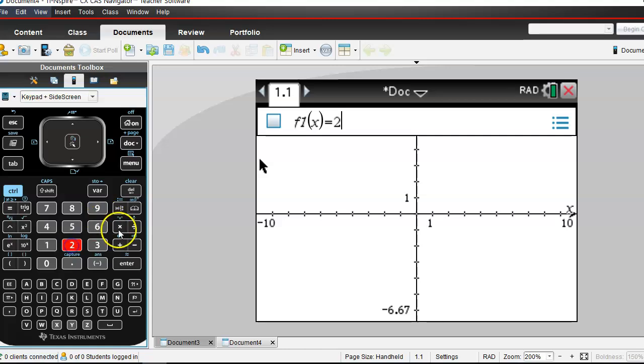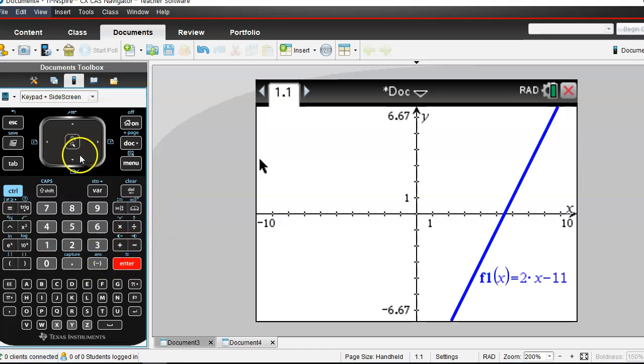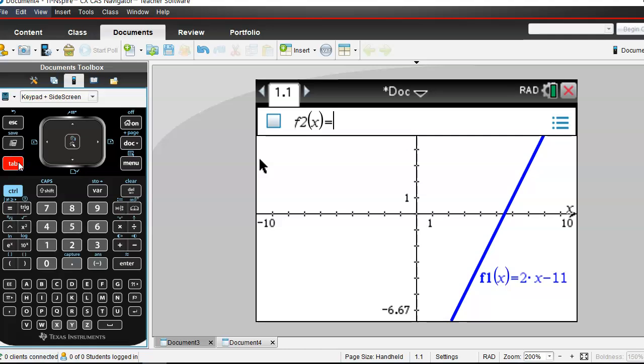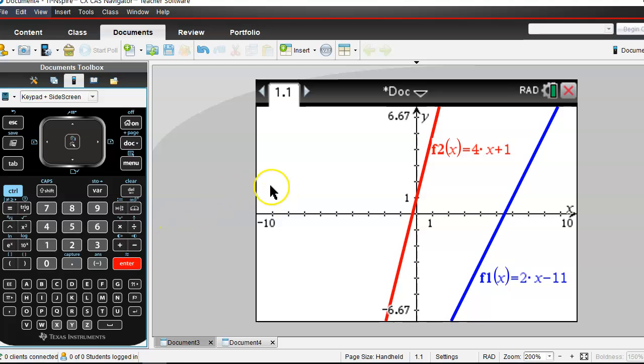So 2 times x minus 11. Enter. Then tab to bring up that line again. 4 times x plus 1. Enter. Now it's off the screen.